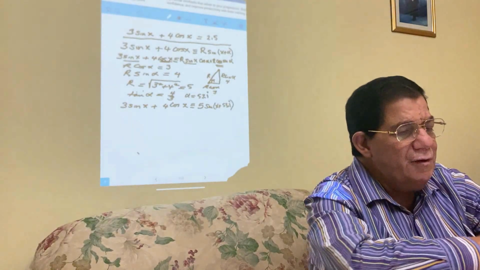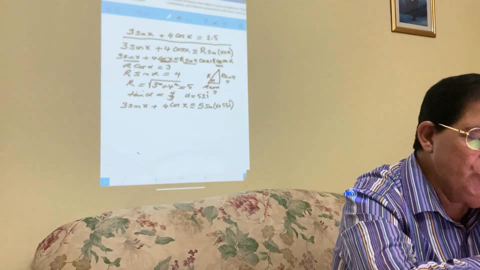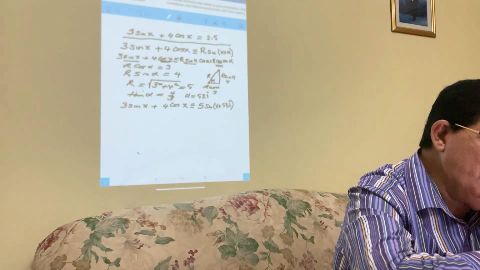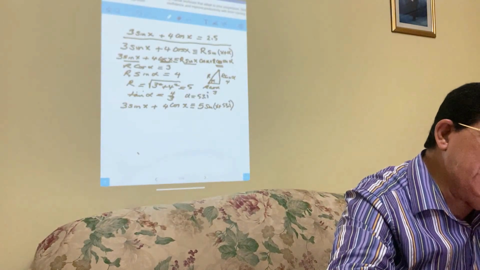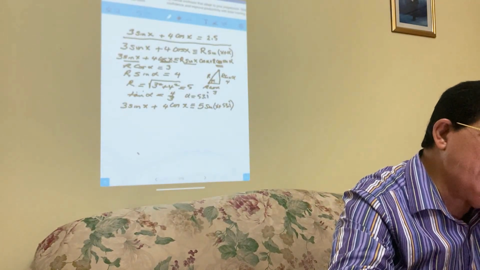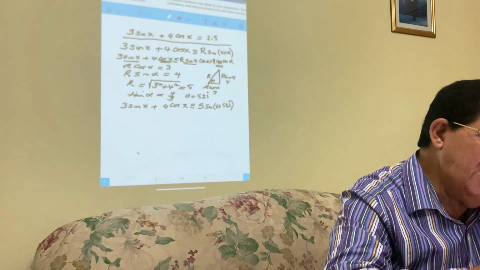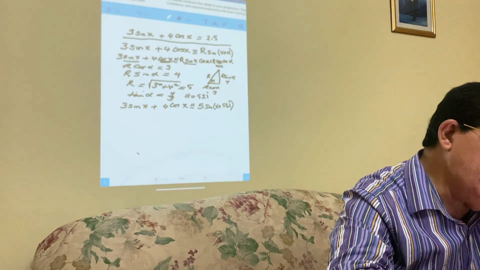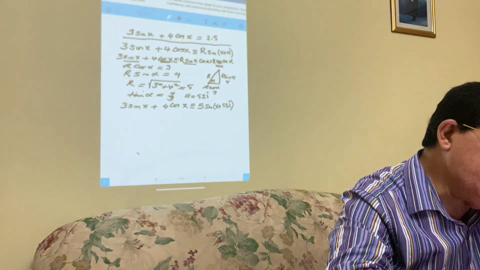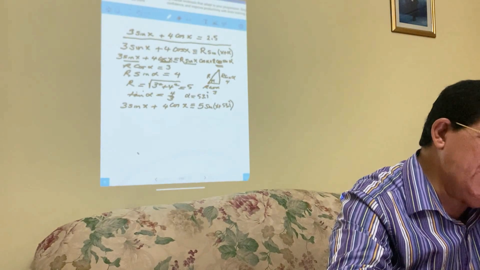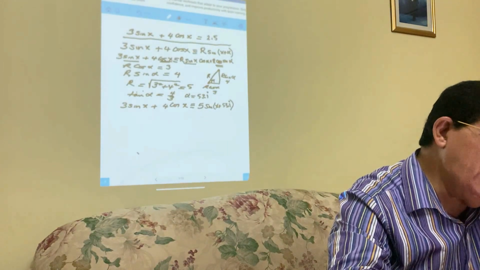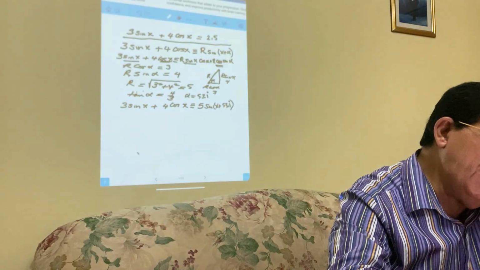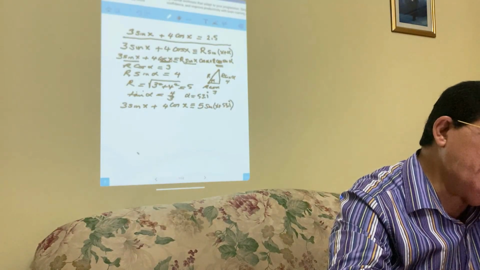This is a very, very important conclusion. How can two functions be replaced by one function? Again, I say, these are two functions, 3 sine x plus 4 cosine x. They are replaced by one function only, 5 sine x plus 53.1.